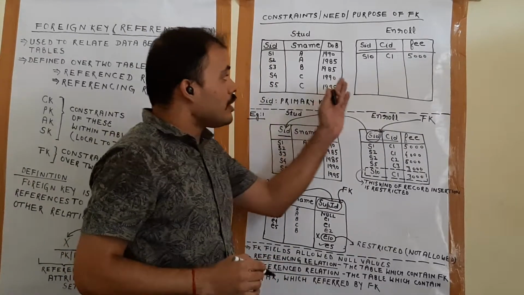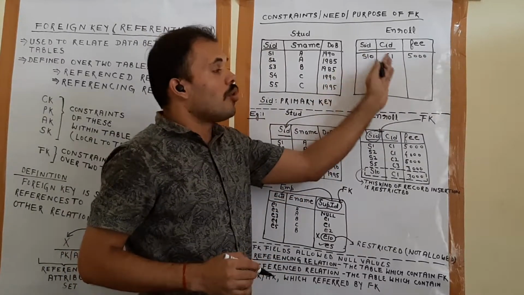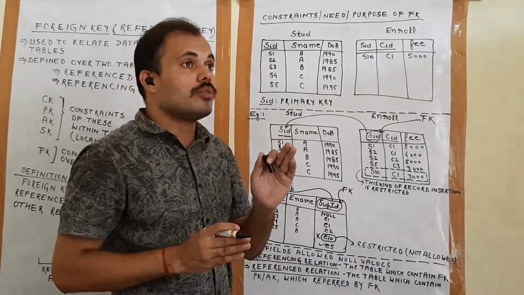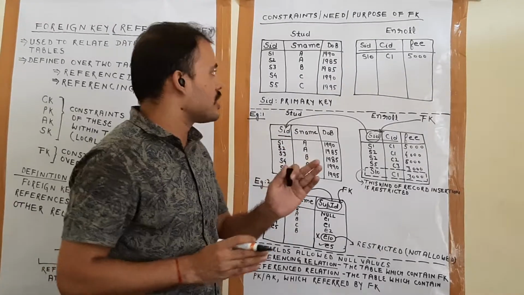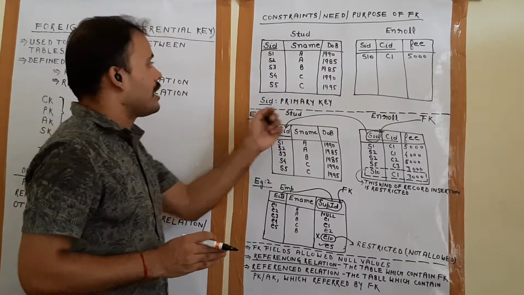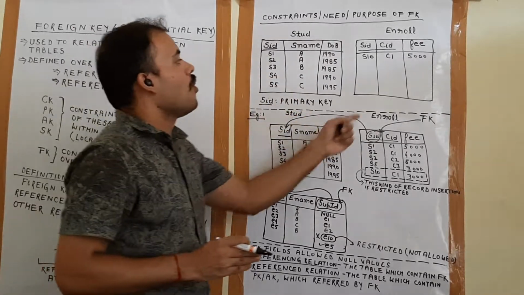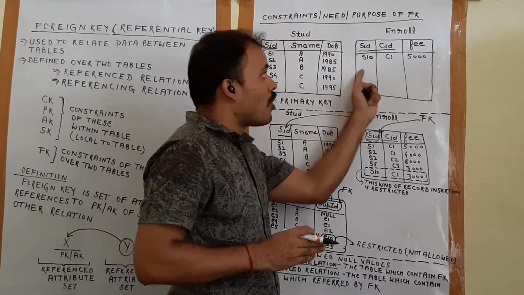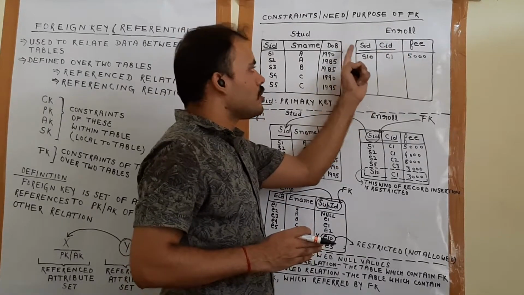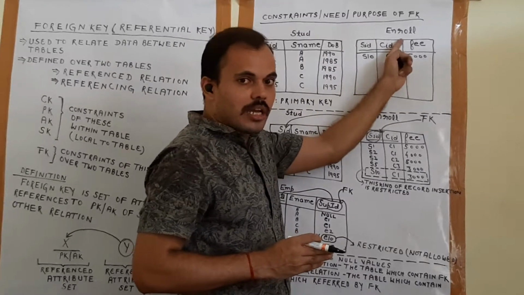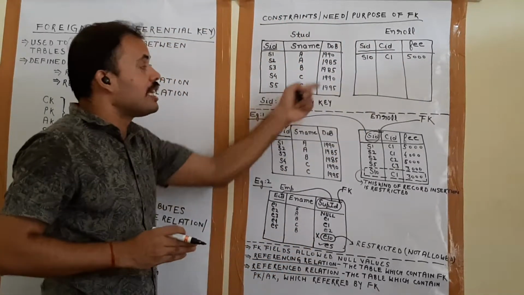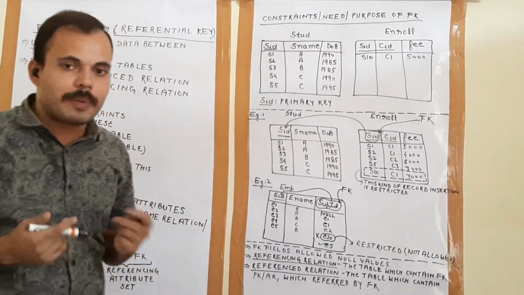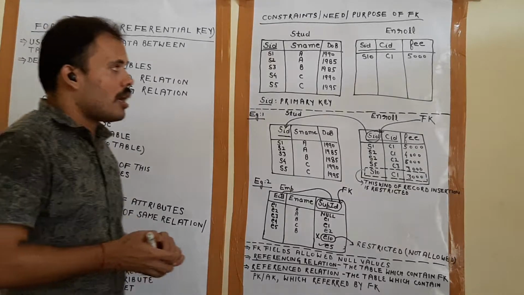Only those students who are students of the organization can enroll for a course running in the organization. Only those SIDs which belong to the student table can be stored in the enrollment table. Otherwise the data will be incorrect, inconsistent. Understood?